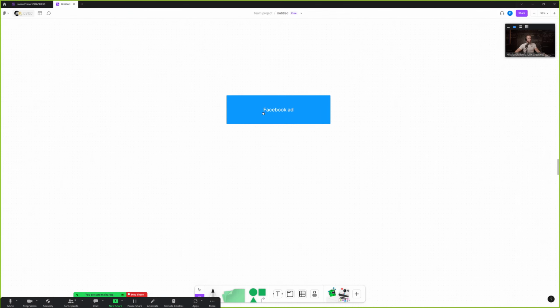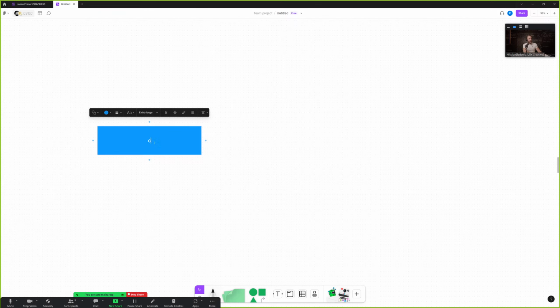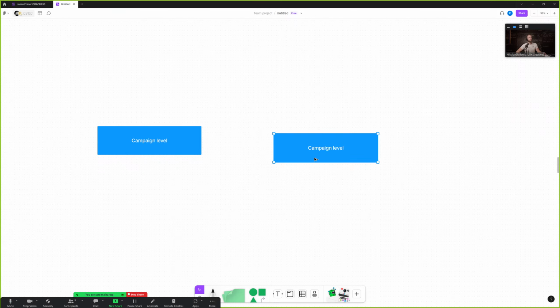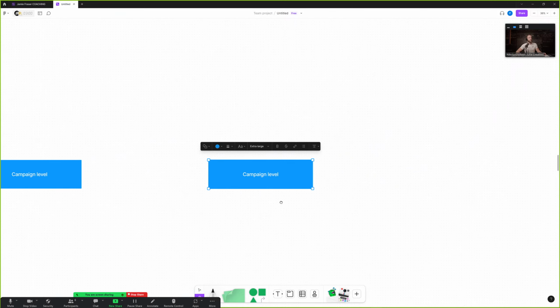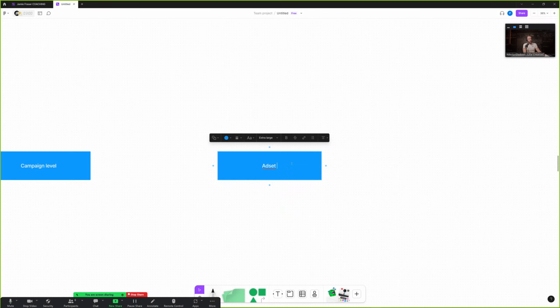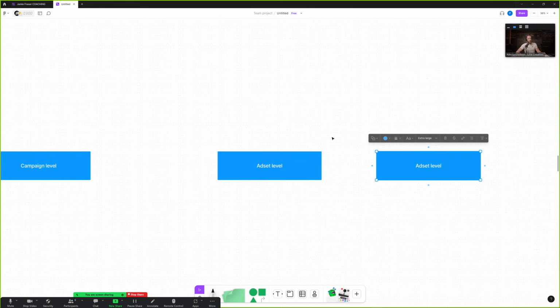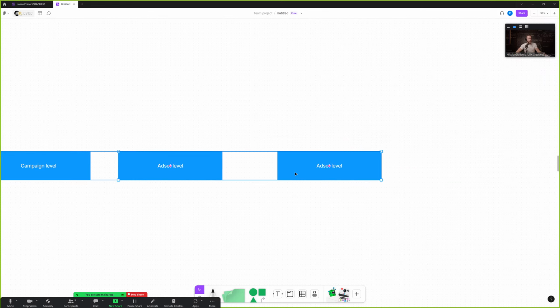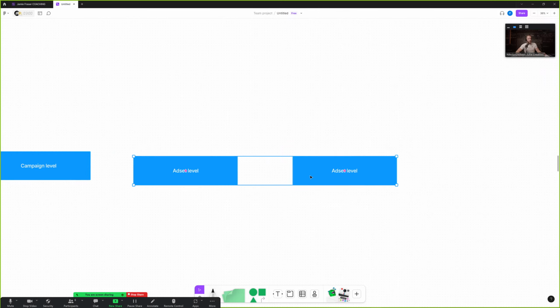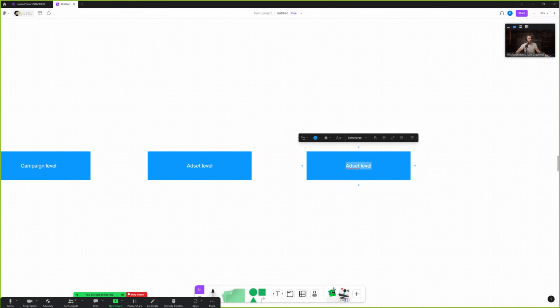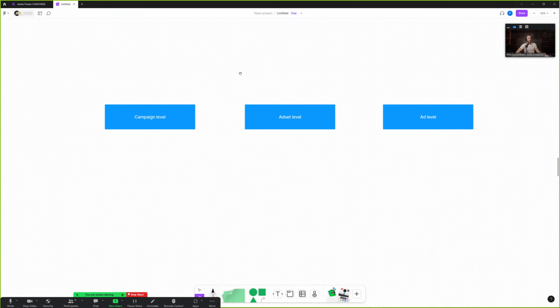So we have campaign level, ad set level, and ad level.